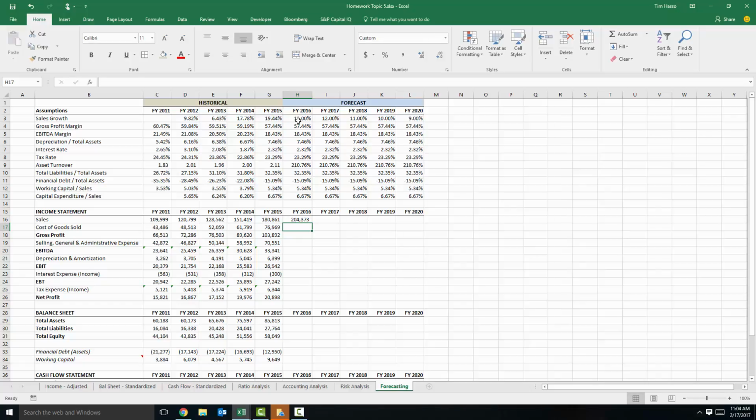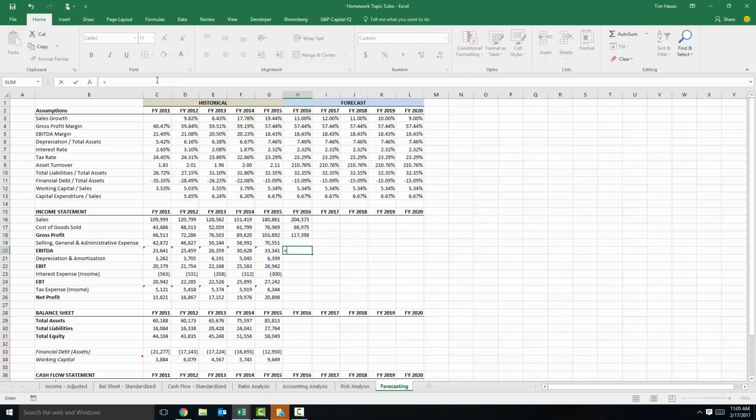Cost of goods sold, we can't forecast that directly, but what we can forecast is gross profit by using the gross profit margin. So to do that we say equal to this year's sales multiplied by the gross profit margin in this year. So it's H16 multiplied by H4. And again, the cost of goods sold is merely the difference between these two numbers.